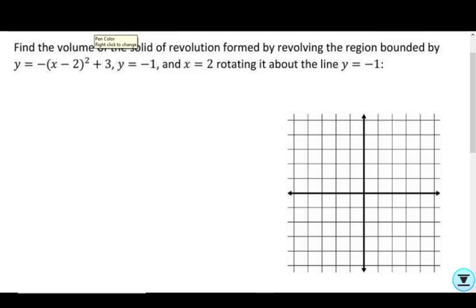So we have a parabola that opens down. It's in vertex form, so we know that the vertex is at (2, 3), right here. It opens down, there's no vertical stretch, so 1, 1, 2, 4, like this.